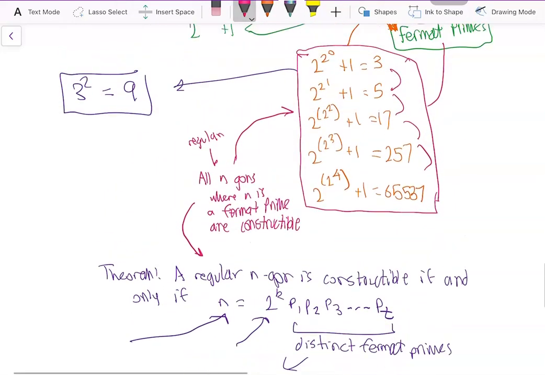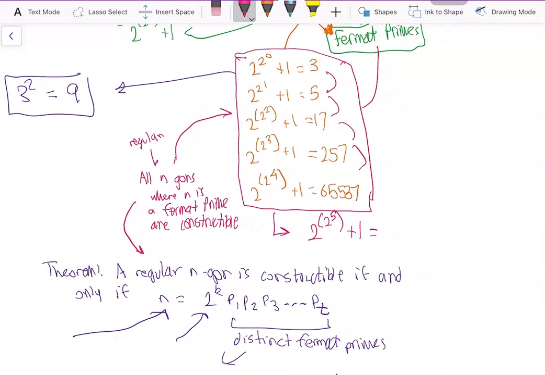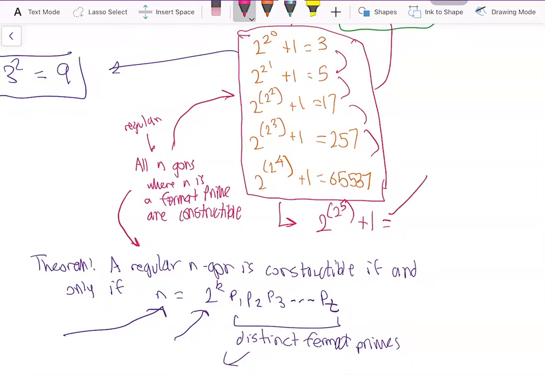And going back to Fermat primes, it turns out that if you do 2 to the 2 to the 5 plus 1, this number is not a prime number. So Fermat's conjecture from several hundred years ago turns out to be false.